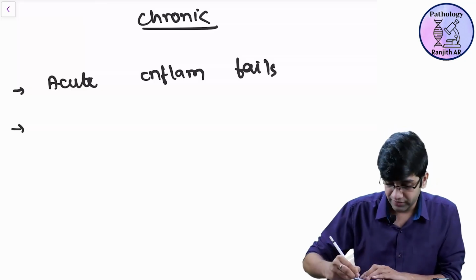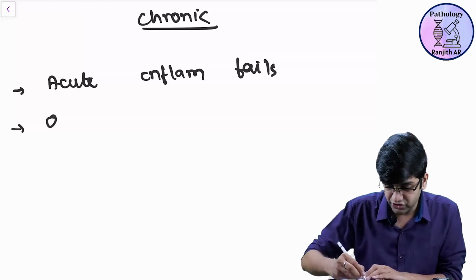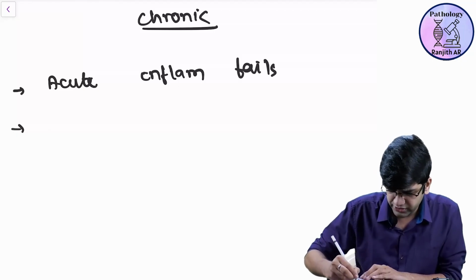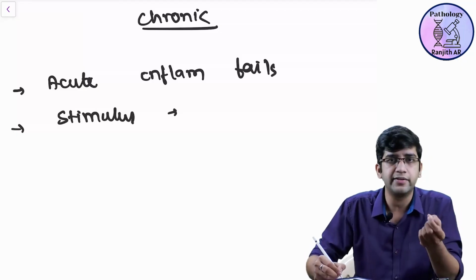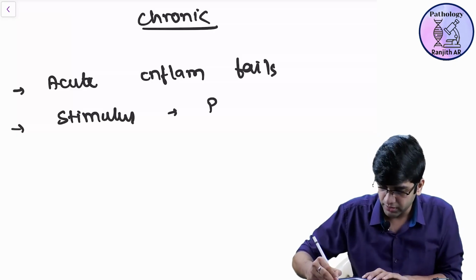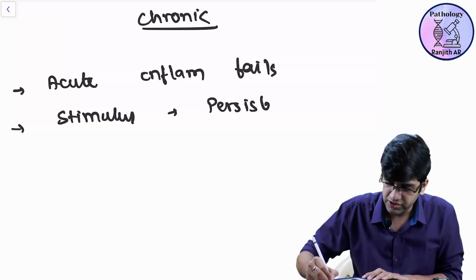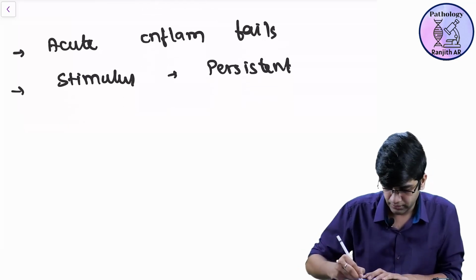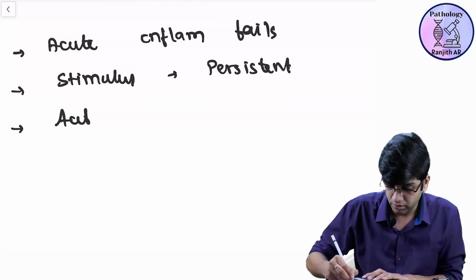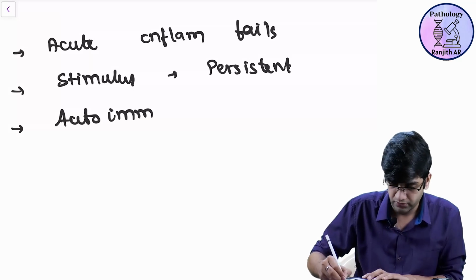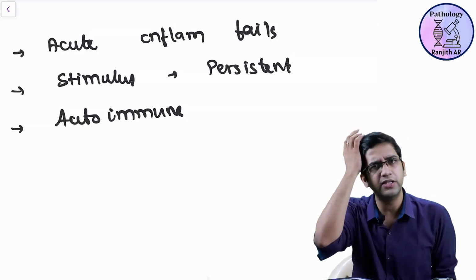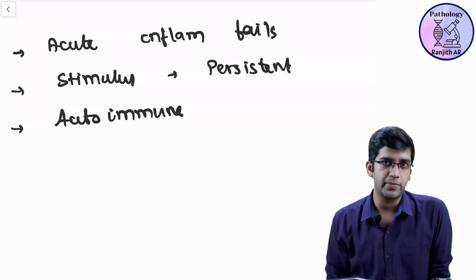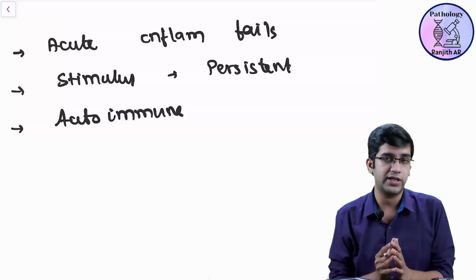Or when the stimulus is persistent, not just the organism. It could be an irritant. When the stimulus is persistent, I may have a chronic inflammation. And sometimes autoimmune conditions, where obviously the stimulus is persistent as long as the person lives. There also we are going to have chronic inflammation. These are the places we are going to see chronic inflammation.